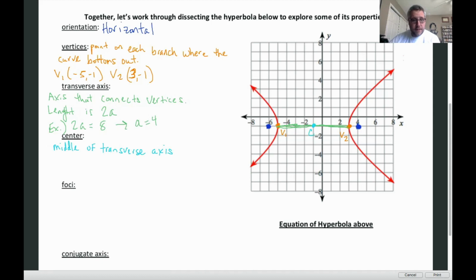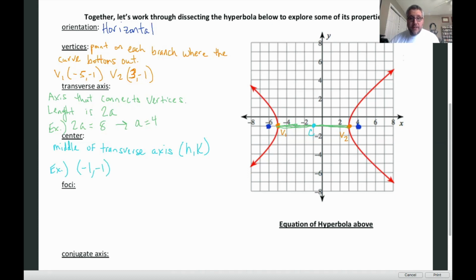It's also in between the vertices. It's called (h, k), which is the same as the center of all the conic sections. In this example, this point is, from the origin, left 1, down 1, so its coordinates are (-1, -1).